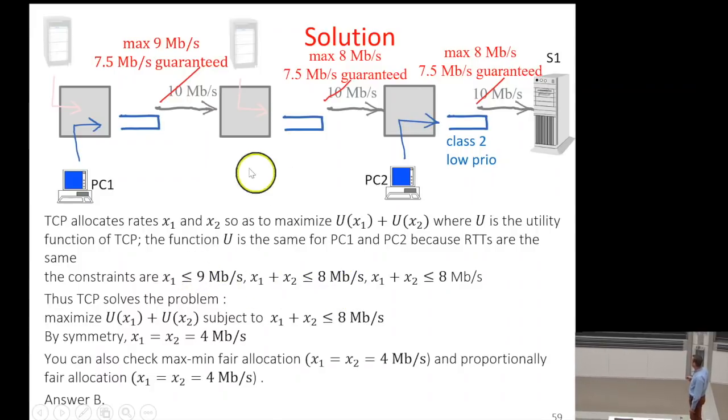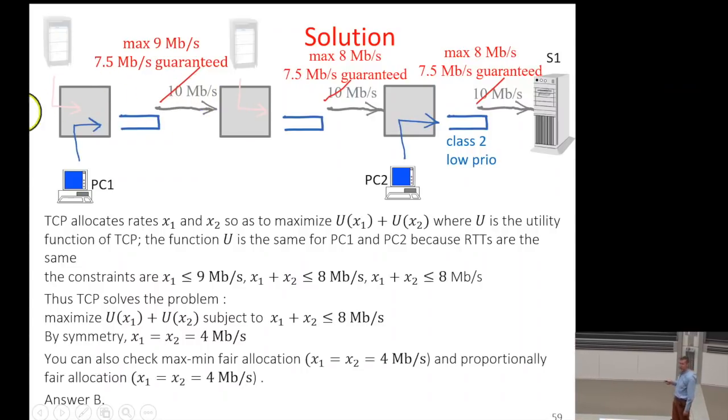So this constraint here, although it exists, will never be a bottleneck link, so it does not appear in the constraints that will be active at the optimal. Therefore, it will maximize this subject to this single constraint. Now, whatever the utility, if the utility function is the same, which is the case because the RTTs are the same, it will give the same to both, which is 4 megabit per second here.